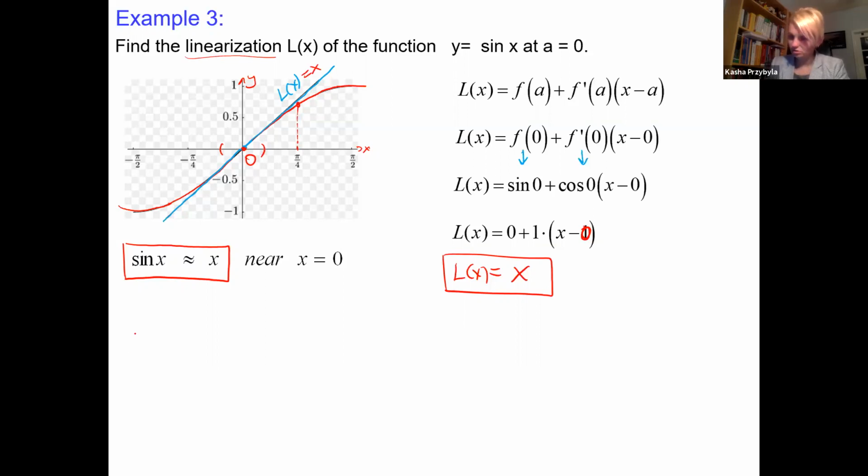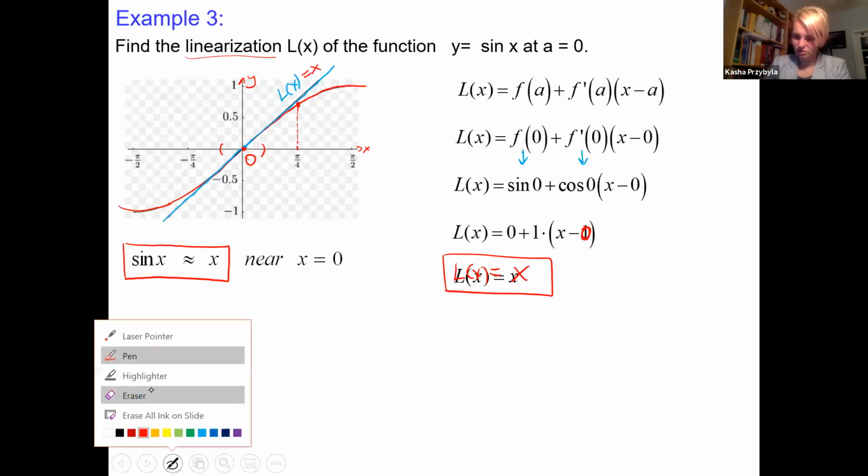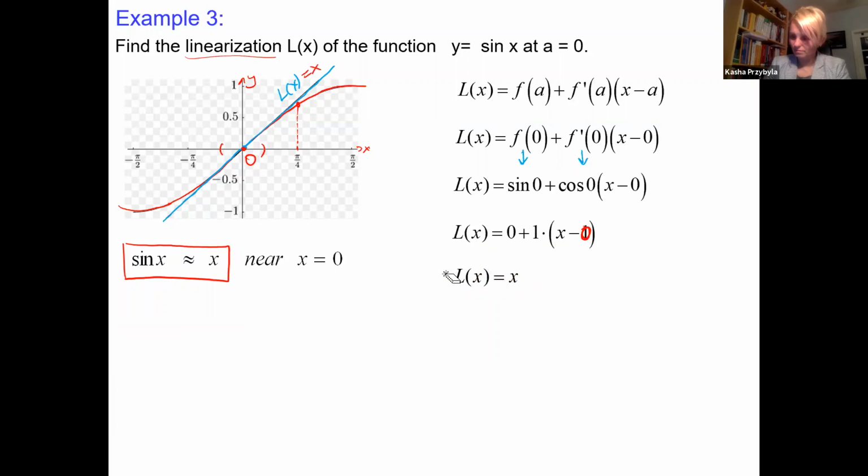Let's approximate sine of pi over 4, but we know the value. That means sine of pi over 4 will be simply pi over 4.